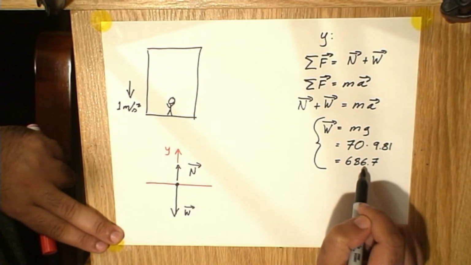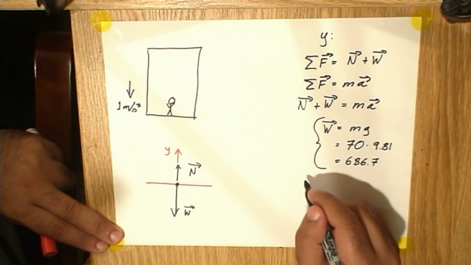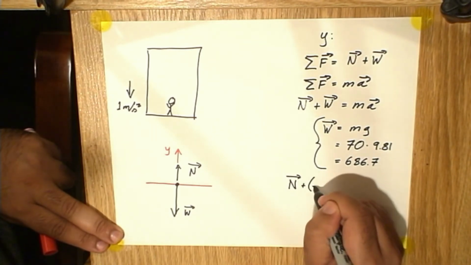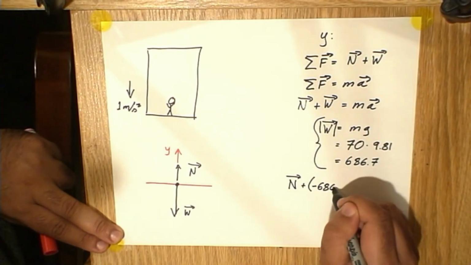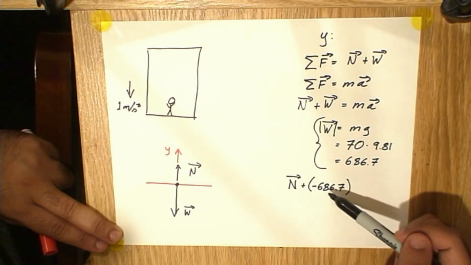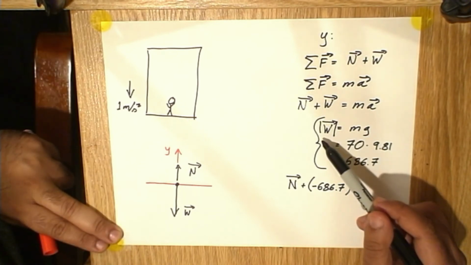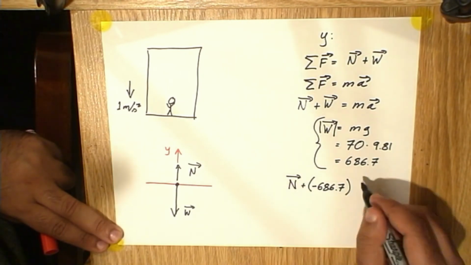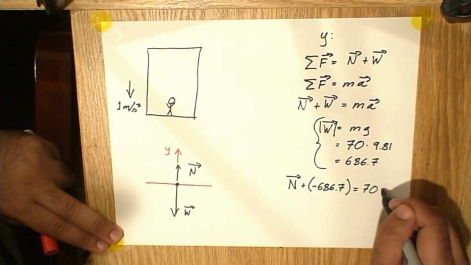So now we take the 686.7 and we put it into this force balance. So the normal force plus negative 686.7, again, remember it's negative because this equation only gives us the absolute value of weight, but weight is really pointed downwards in the negative direction, is equal to the mass, 70, times the acceleration.